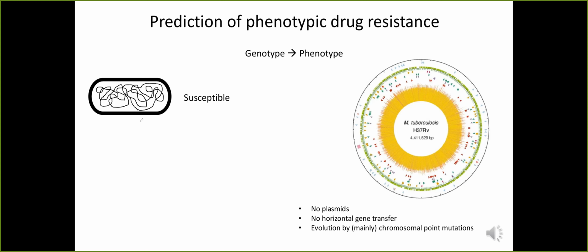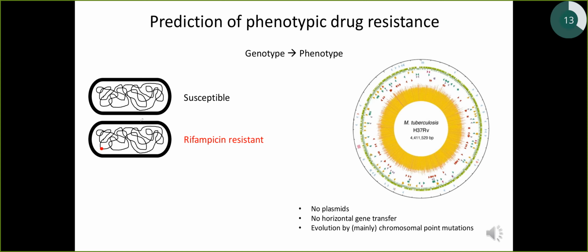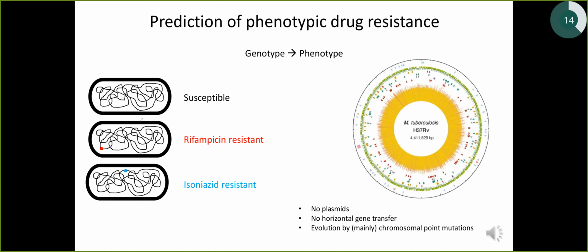And then what we want to do is to be able to detect particular mutations that we know are associated to different drug-resistant phenotypes. So in this case, we would analyze the genome, find this mutation that confers resistance to rifampicin, and then we would say, well, this bacteria is most likely rifampicin resistant.